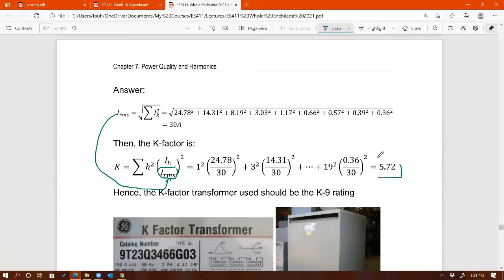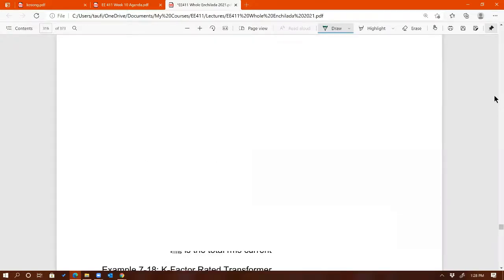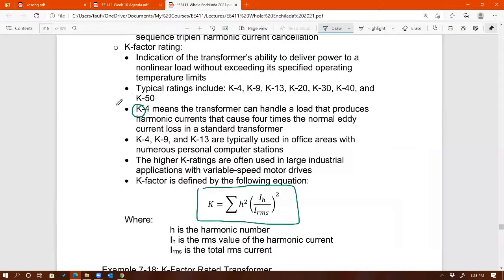So if, let's say, the K factor is 5.72, then what K-rated transformer should you purchase? Well, you should choose the one that's higher than this, the one that's higher than 5.7. So if you go back to the different K ratings available, the next higher one would be 9, right? 5.7 is what we calculated.